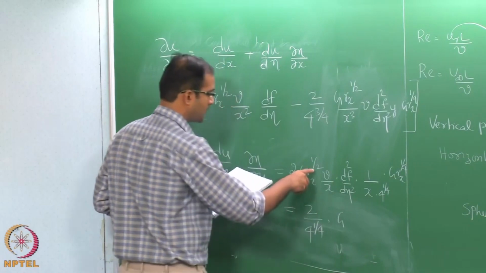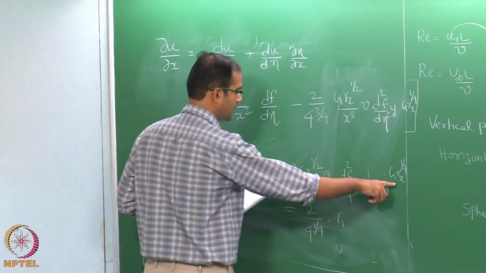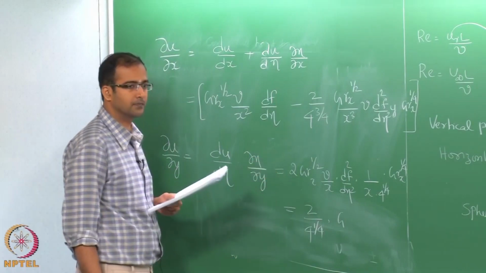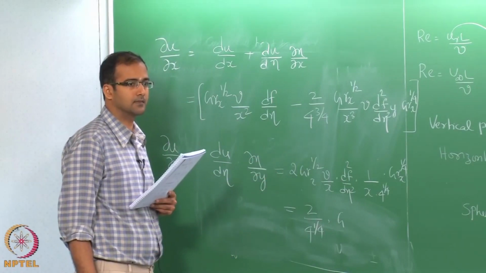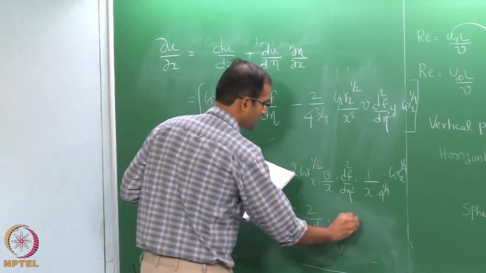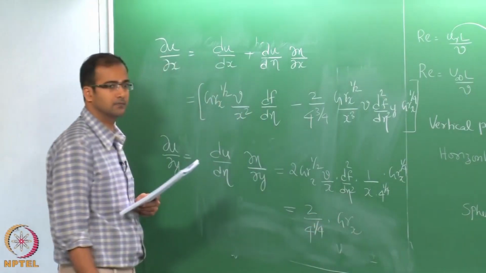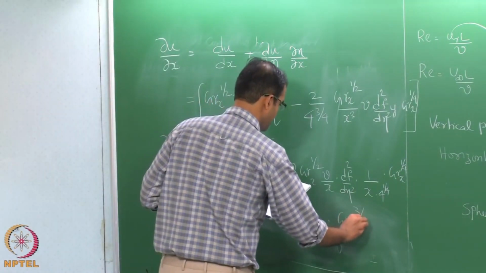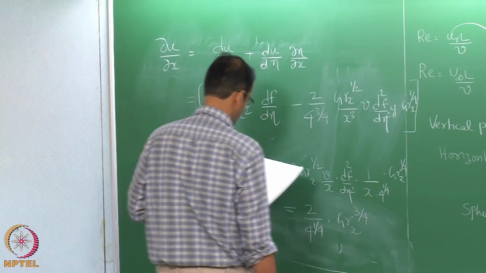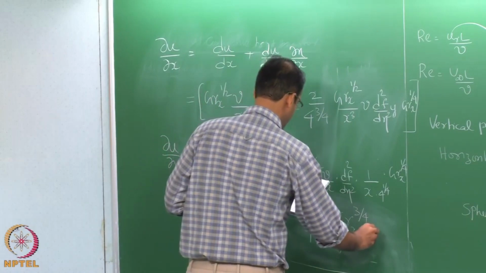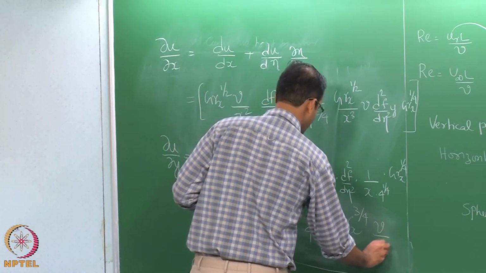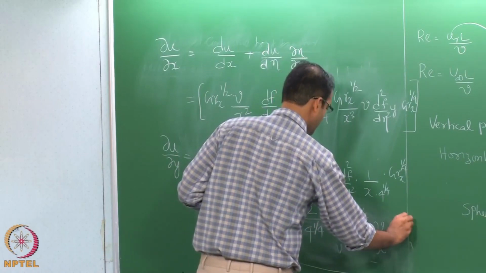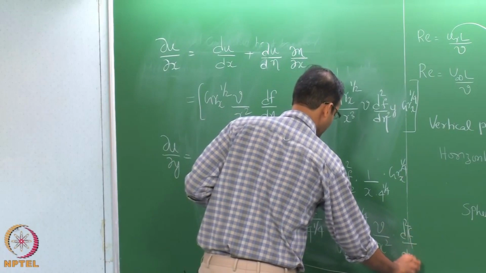So, you have Grashof number raised to power 1 by 4 into Grashof number raised to the power 1 by 2, 1 by 2, 1 by 4. So, what will be, you should have 3 by 4, 3 by 4 and you have nu by x square into you have d square f by d eta square.